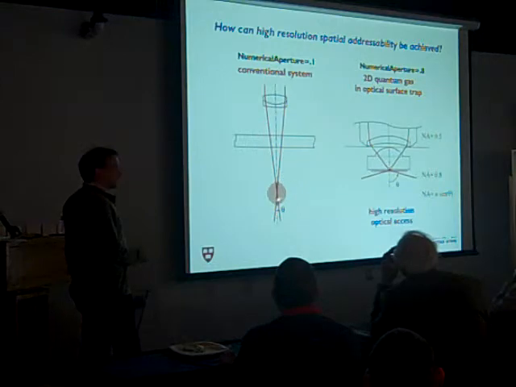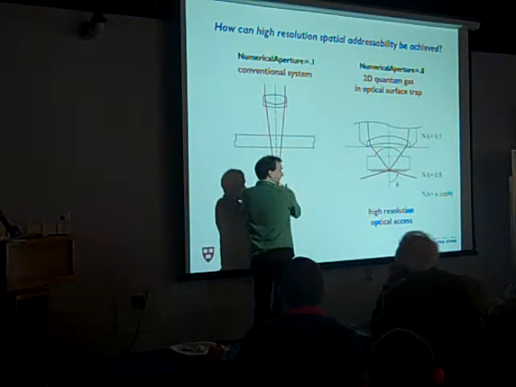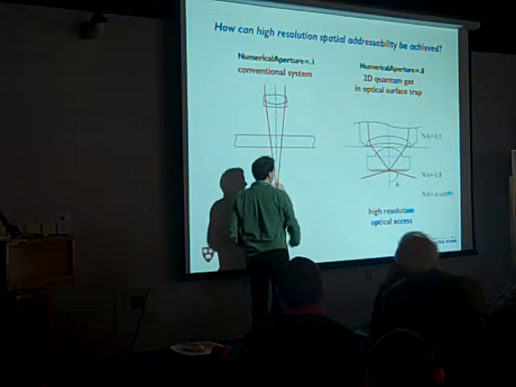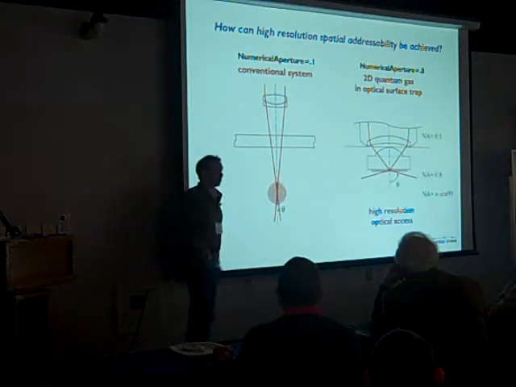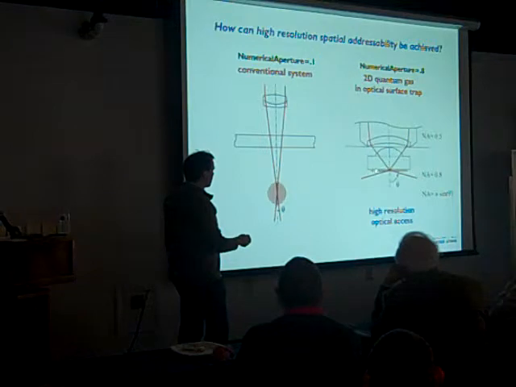Normally you cannot resolve individual lattice sites. Why is that? Well, because we only have a small aperture. These lattices are created by light with k vectors that are counterpropagating, so the spacing is very small, only half a wavelength. But for imaging, we only have a small aperture, so we cannot possibly resolve these small distances. That's why we started to build a system that's very different.